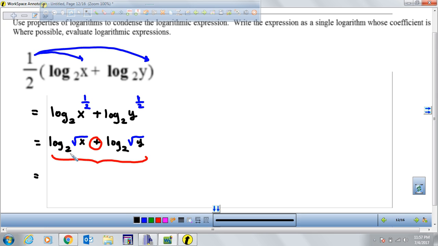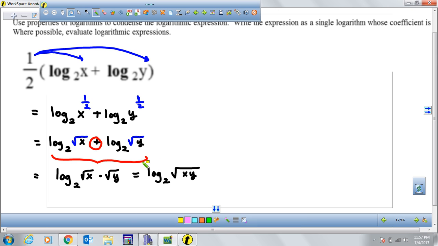It states that the log base b of m plus the log base b of n equals the log base b of m times n. But let's remember something we covered back in section P.3 in the radical section. The square root of x times the square root of y is the same as the square root of x times y. And this is my final solution for this condensed version of this expression.